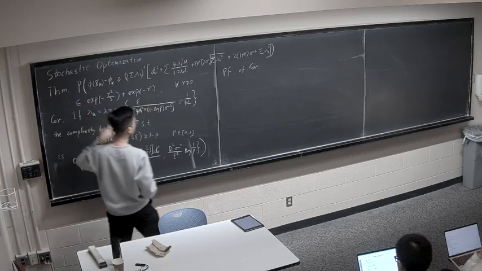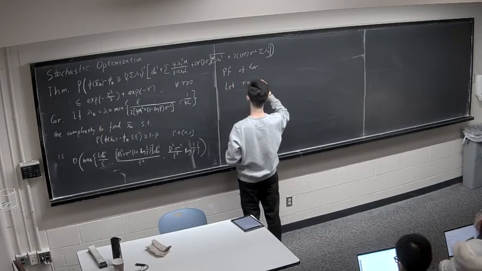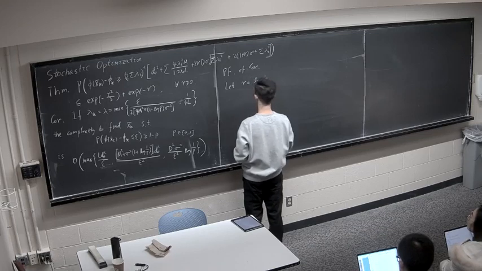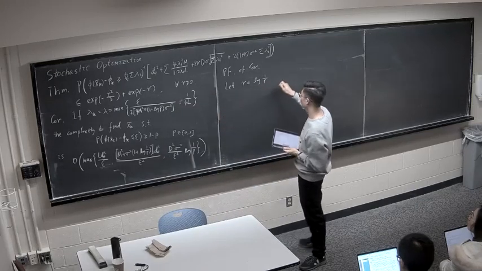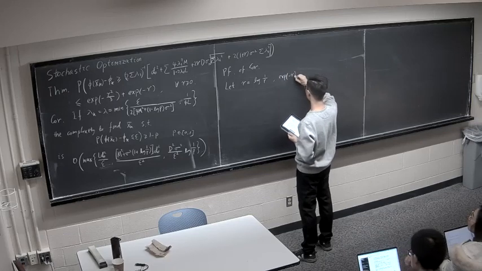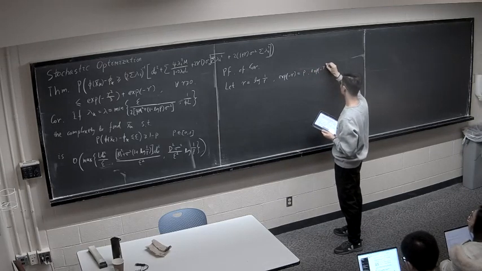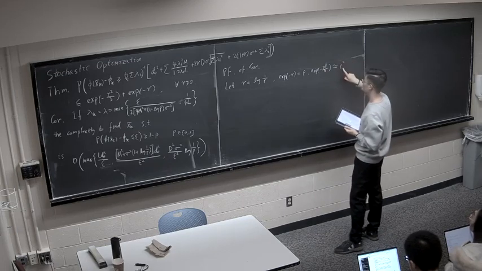To make this part to be p, we just need to take gamma to be log 1 over p. If you take gamma to be log 1 over p, then exponential of minus gamma is just p, and this is on the order of p squared.